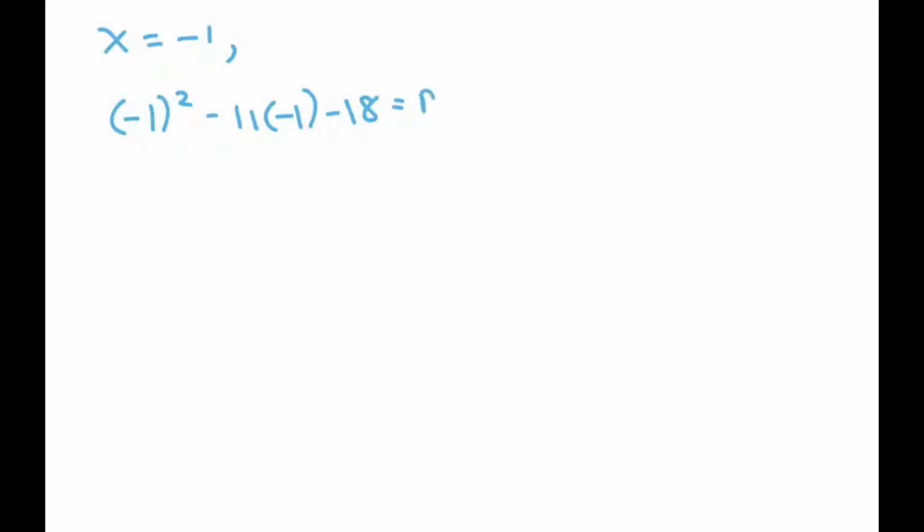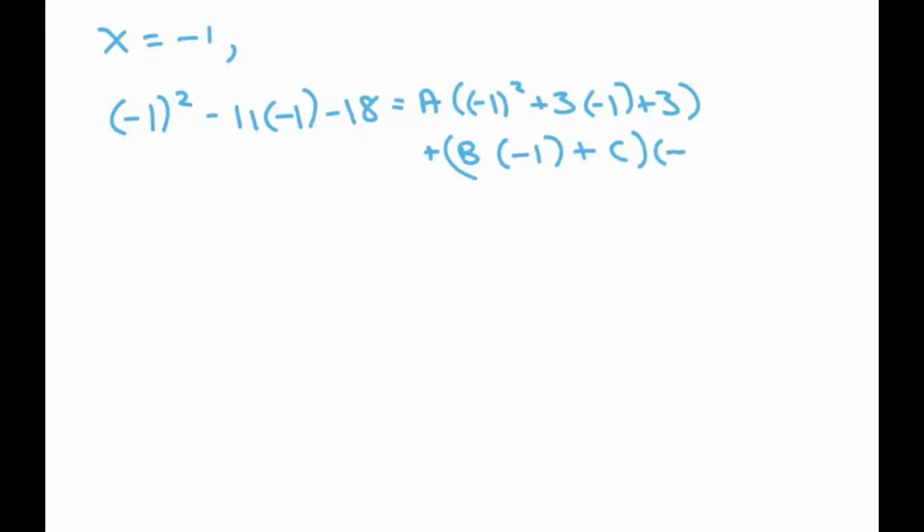Equals A times negative 1 squared plus 3 times negative 1 plus 3 plus B times negative 1 plus C times negative 1. Again, we're choosing small numbers so we don't have to reduce.